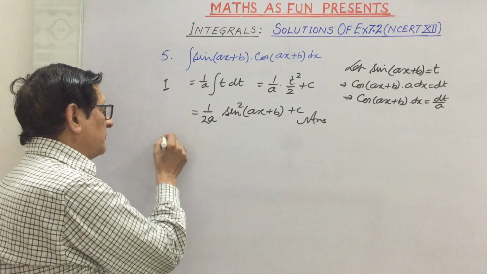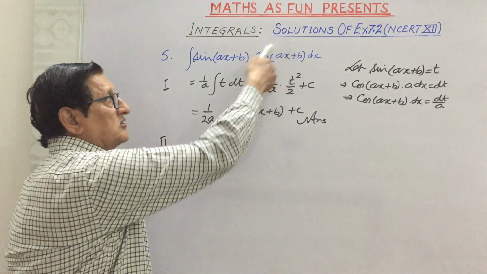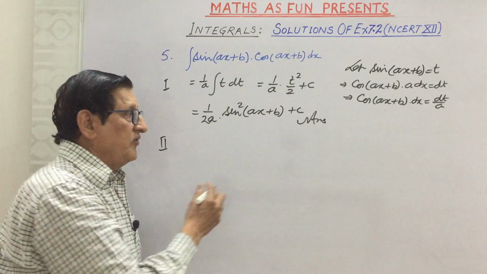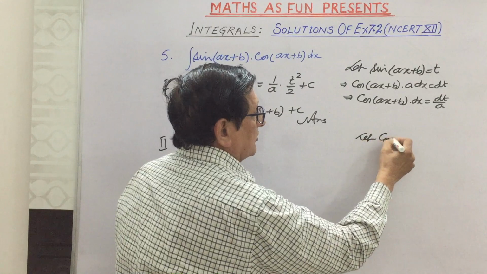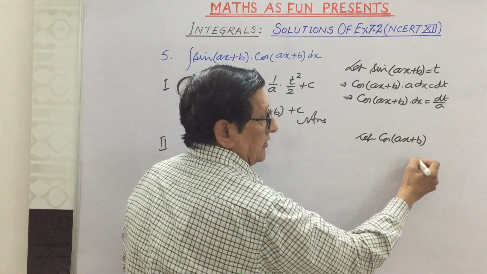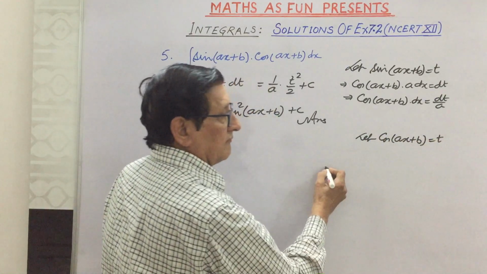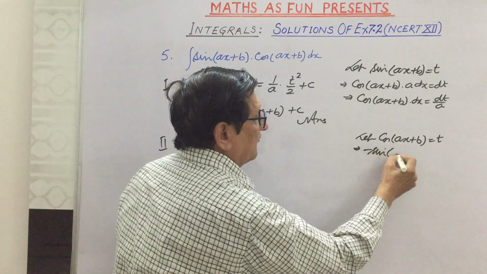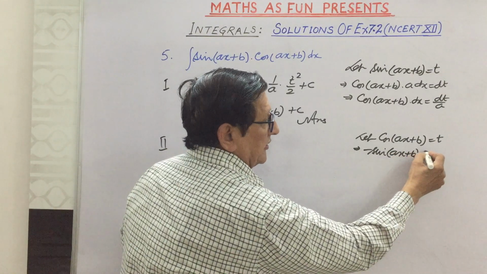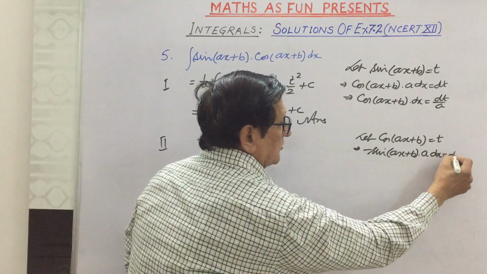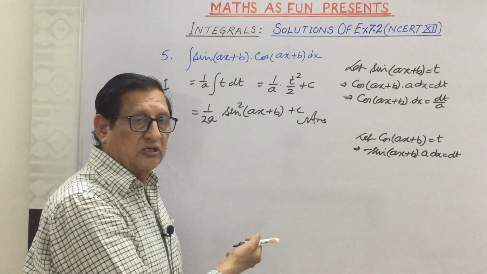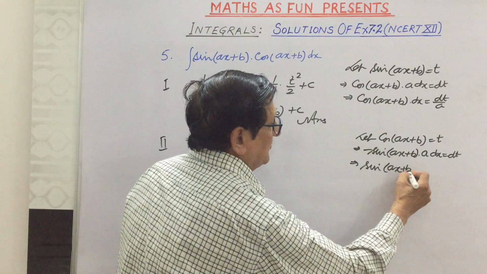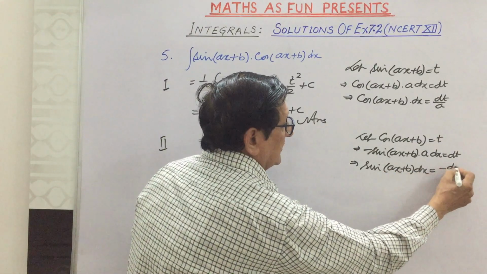The second method can be applied here, taking this as t, because we know the derivative of cos x is minus sin x. So if we take here cos(ax + b) equal to t, differentiating this, we are getting minus sin(ax + b) into a dx is equal to dt, applying the chain rule. And hence we get here sin(ax + b) dx is equal to minus dt by a.